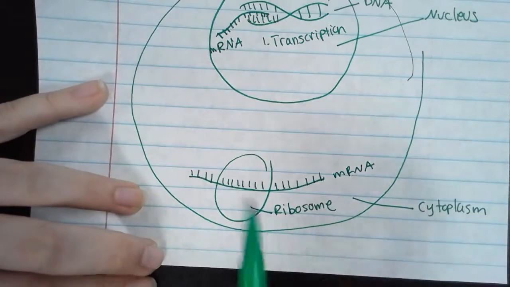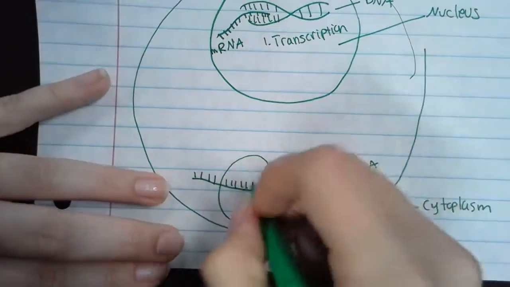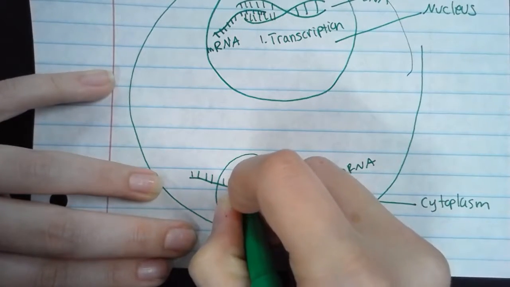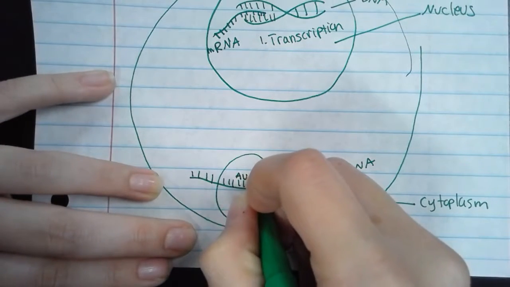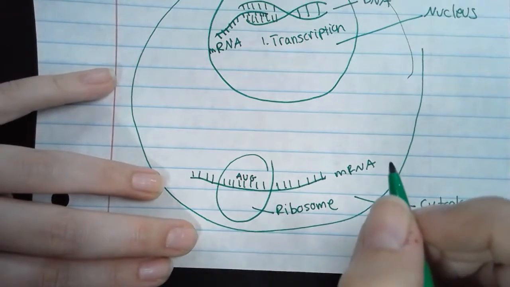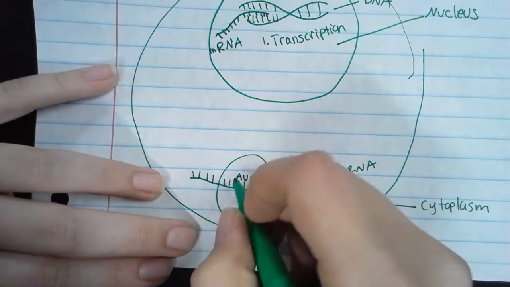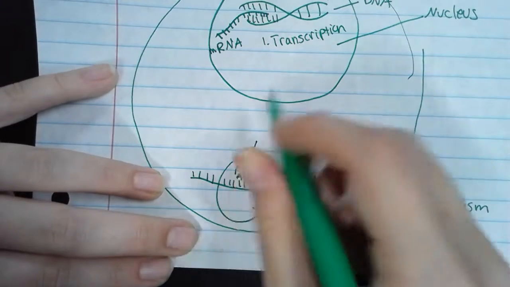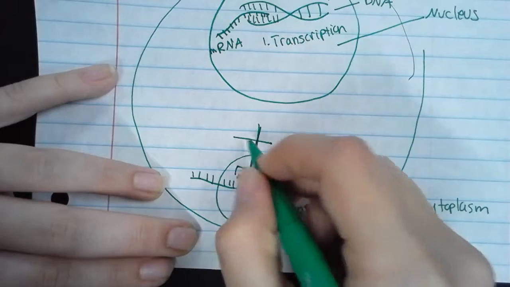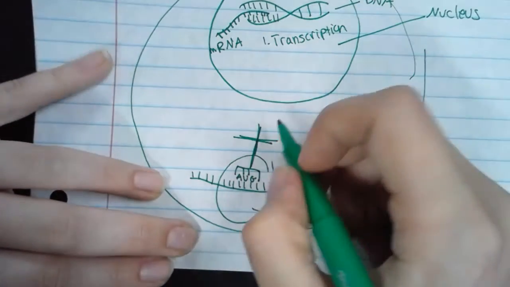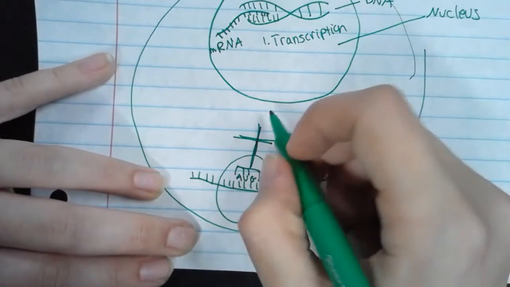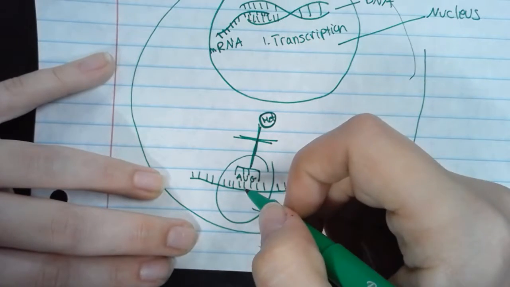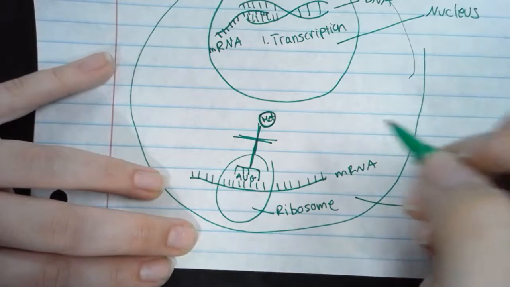All right, now mRNA has these little letters. I'm just going to do 3 letters. These represent the bases on it. Every 3 letters is 1 codon. My tRNA, this is going to be my tRNA, basically goes and finds the little amino acid that matches the codon here, and it drops it off.